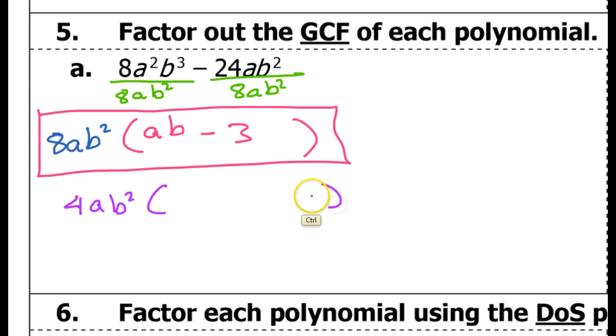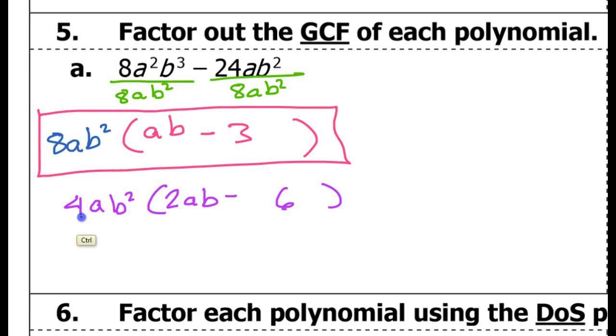Okay, imagine that happened. So in that case, you're doing 8 divided by 4. So you're going to get 2ab. And now you're doing 24 divided by 4, so you're going to get 6. So you would get this.